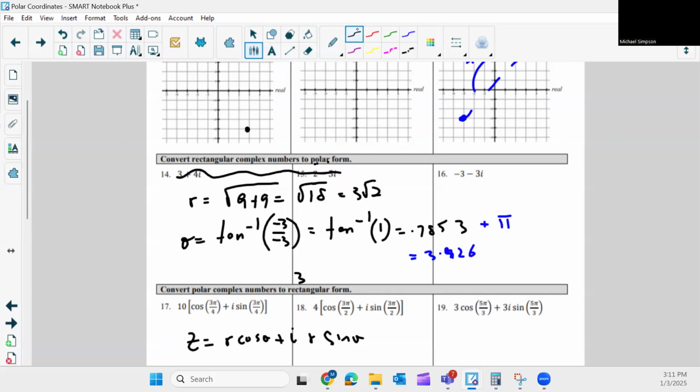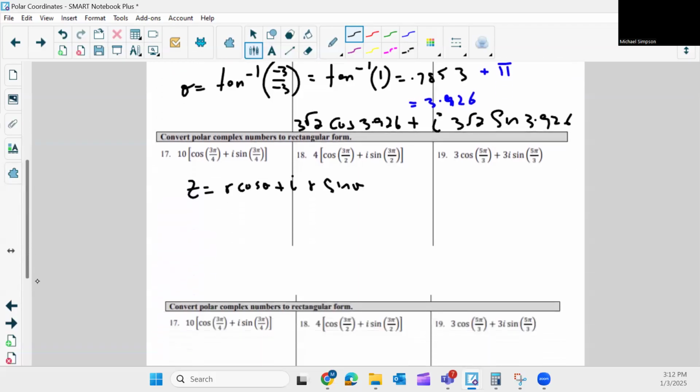So it's going to be 3 radical 2 times the cosine of the angle, 3.926, plus i times 3 radical 2 times the sine of the angle, 3.926. And that's it. Let me double check real quick. Yeah. And if you want, you can just back it out if they are value. Okay. And then number 17 through 19, those are pretty easy.